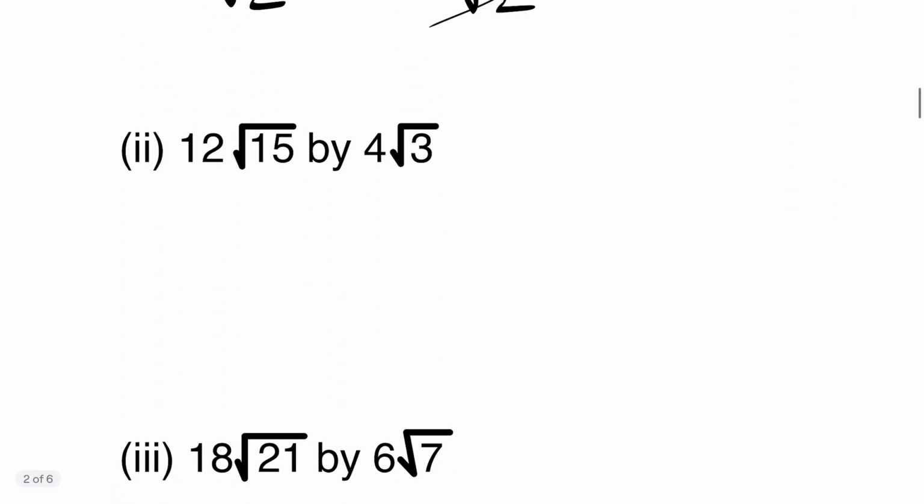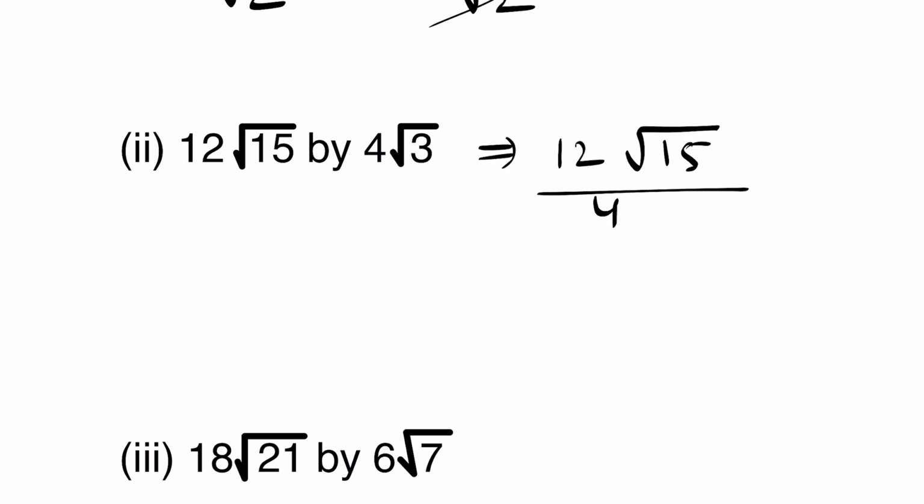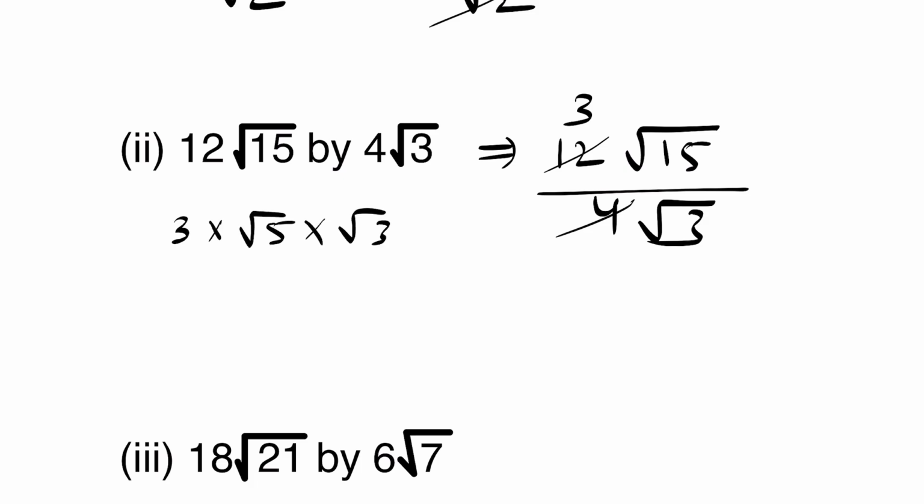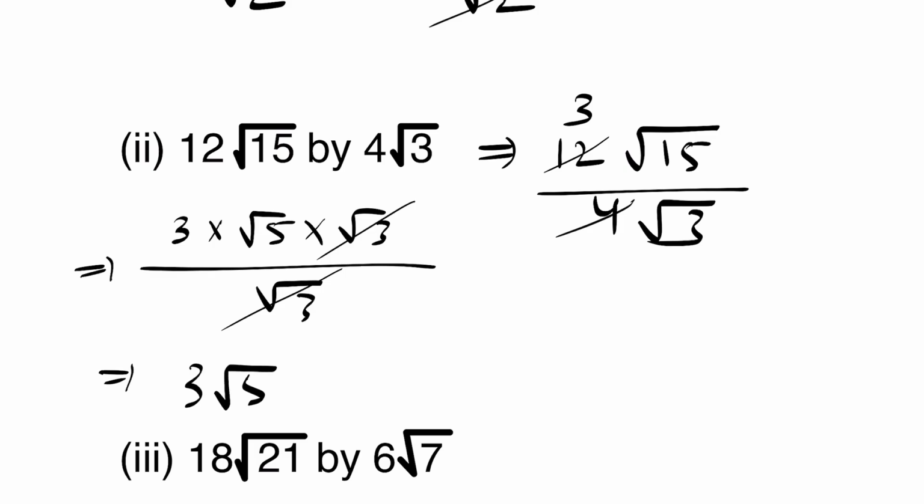Now 12 root 15, sorry, upon 4 root 3. Again 4 3 is 12, and now this will become 3 into root 5 into root 3 upon root 3. So root 3 will be cancelled out, and answer will be 3 root 5.